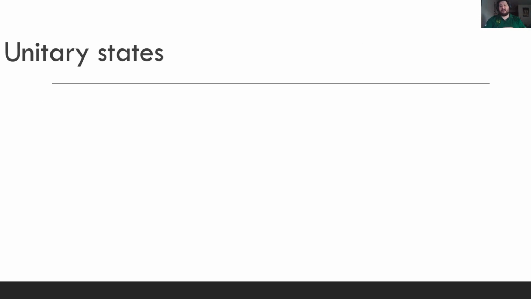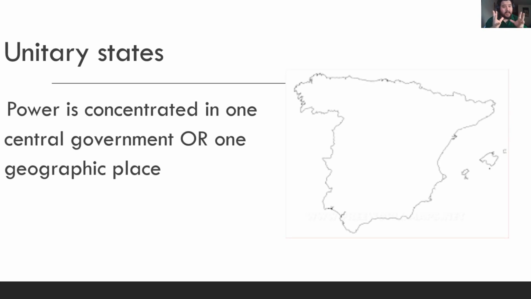Other states will be unitary instead, where they're going to just have that one concentration of power in this one space. And they're only going to have power concentrated just in that one central government or in one geographic location. Usually that's the same. What we mean by that is that we have that one capital area, right? You think back to the Hunger Games, the capital, that was a unitary state, right?